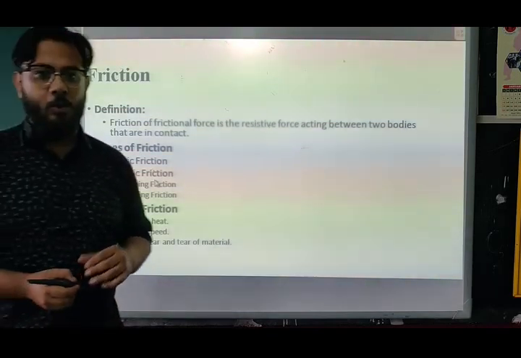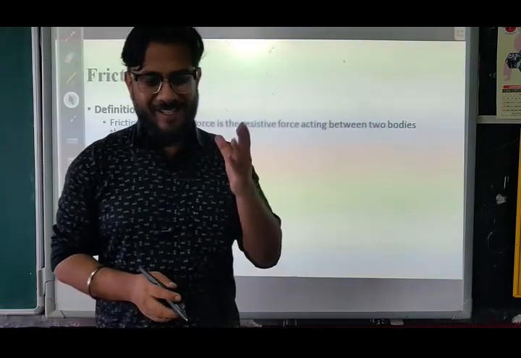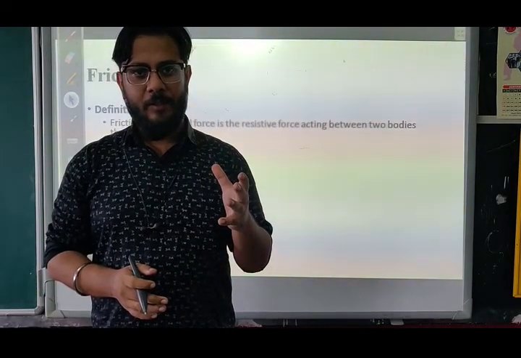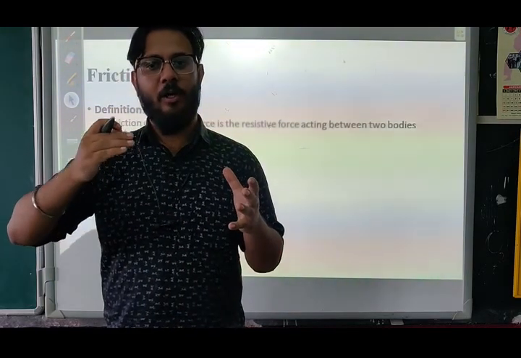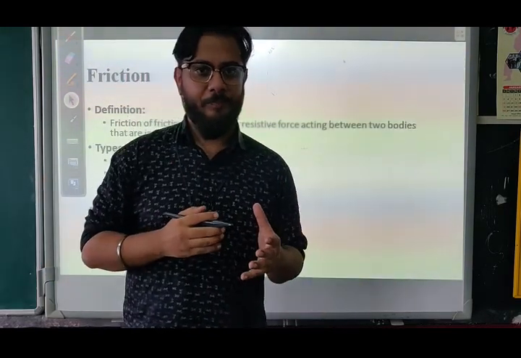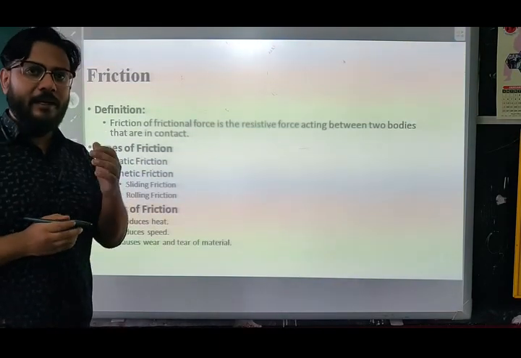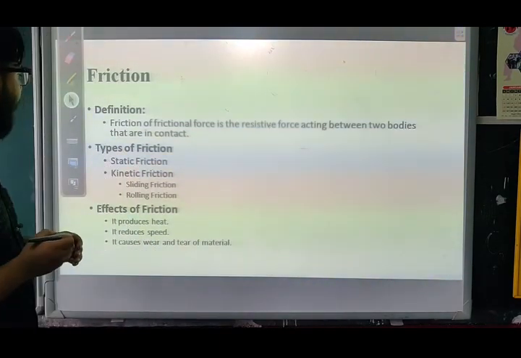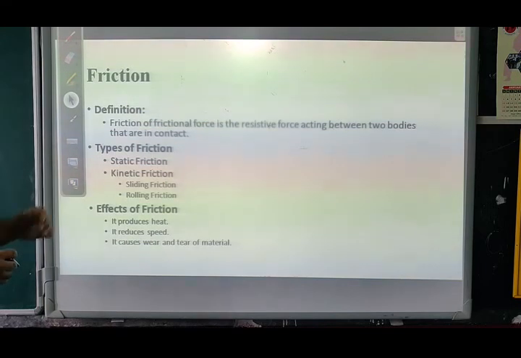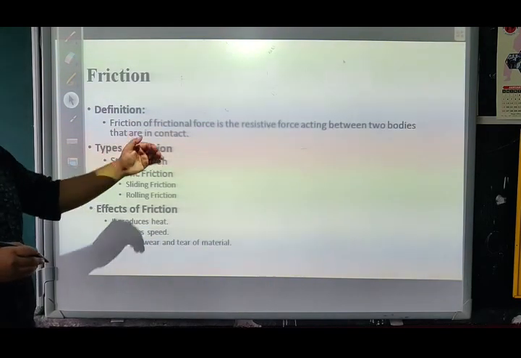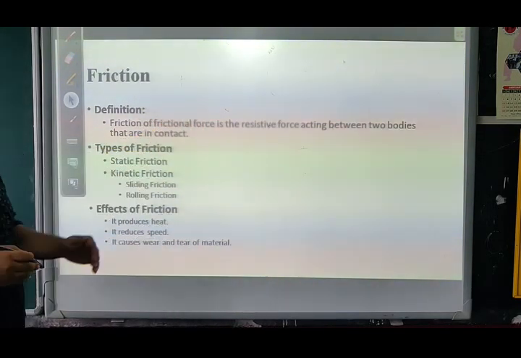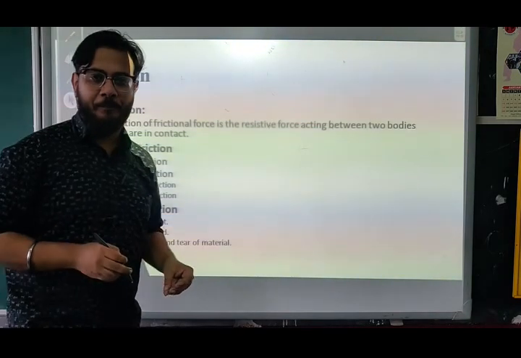Now, friction. We talked about friction. Friction was the resisting force that stops a body or doesn't let a body move, right? So let's look at friction in detail. The definition: friction or the frictional force is the resistive force acting between two bodies that are in contact.